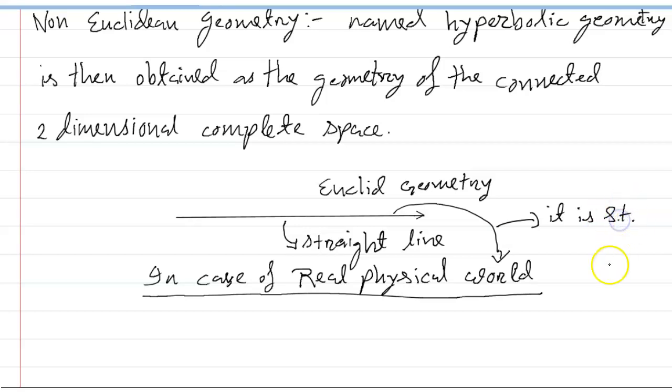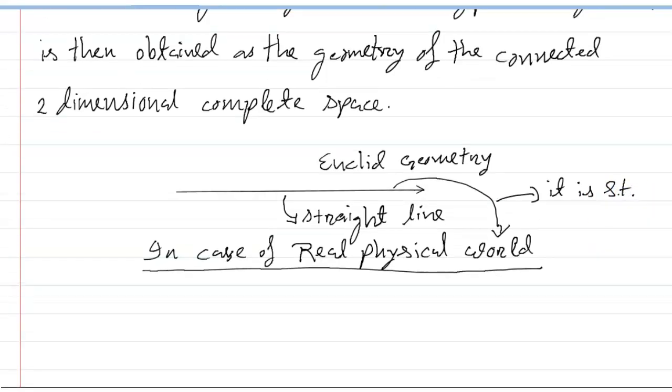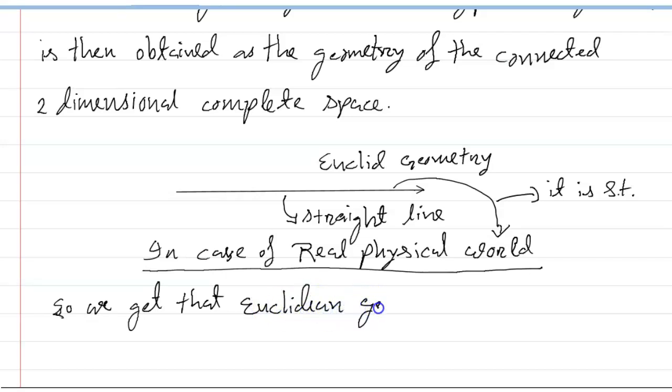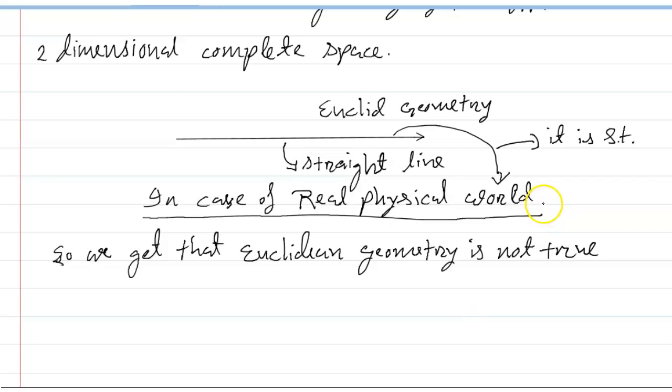So friends, we get a trouble. We see that Euclid's work, Euclidean geometry, does not hold in the case of the physical world.